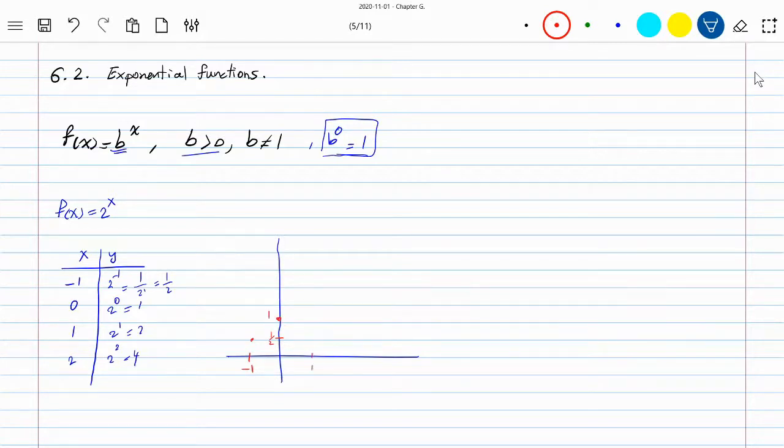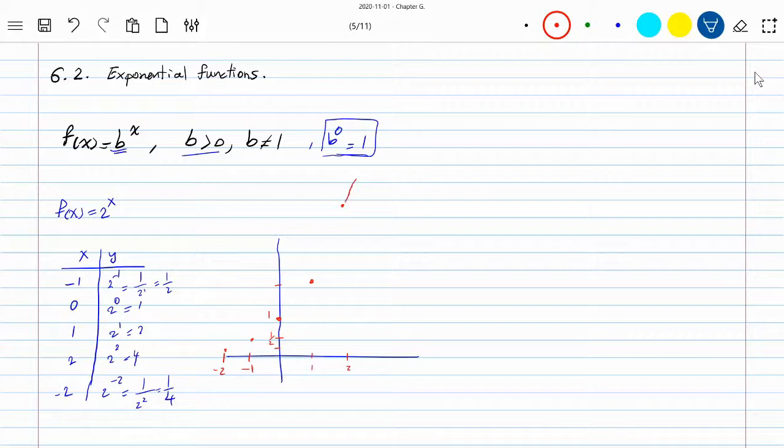At 1, we have y value of 2. And at 2, we have y value of 4, somewhere up here. Maybe I should have picked another number as well. Let's say if I pick negative 2, you get 2 to the power negative 2, that is 1 divided by 2 to the power 2, which is 1/4. So at negative 2, the y value is 1/4, somewhere here.